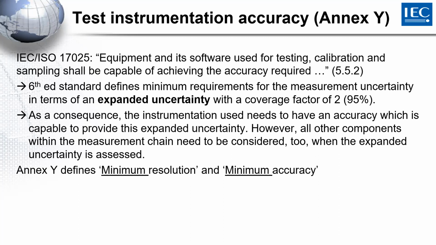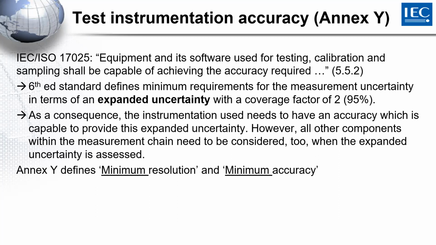And what we are defining in this Annex Y is a minimum resolution. This is how you read the measurement instrument, how many digits after the comma are provided, and the minimum accuracy, which is this expanded uncertainty at a minimum of what you need.